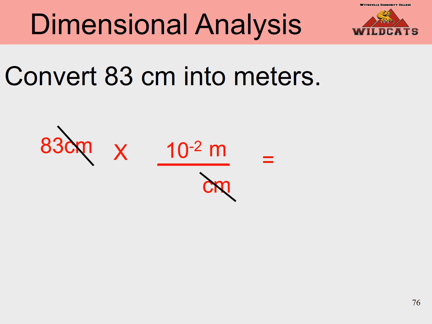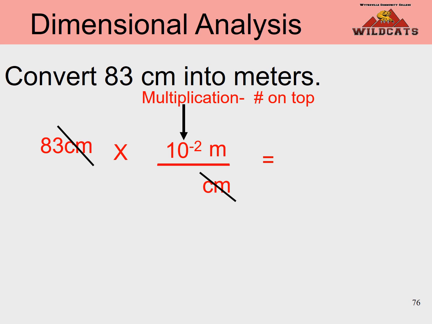So we've got 83 times 10 to the minus second. Notice this is on the top, so it's a multiplication problem. Numbers on the top are always multiplication. Numbers on the bottom are always division. So this says take 83 multiplied times 10 to the minus second.